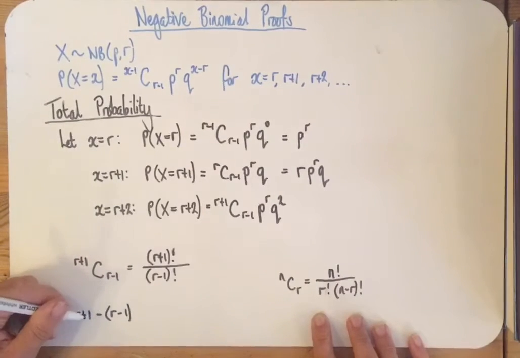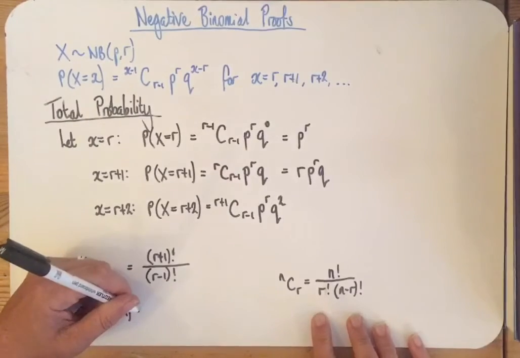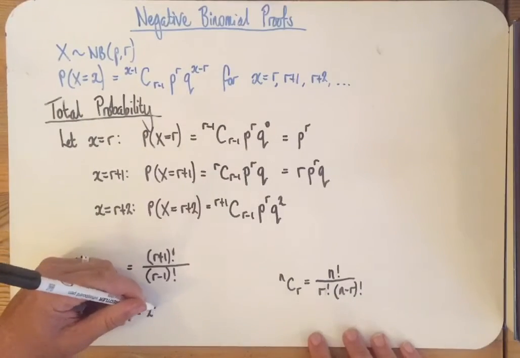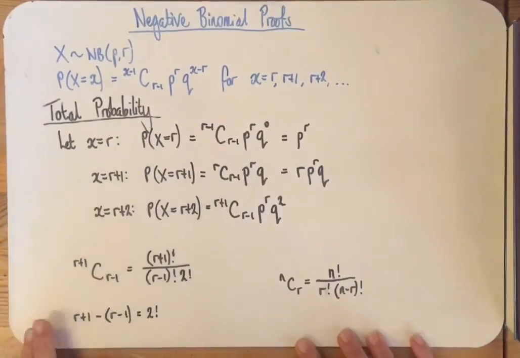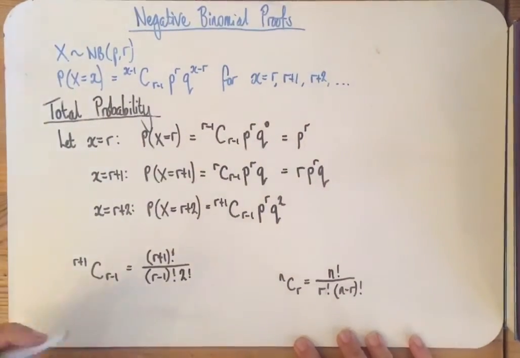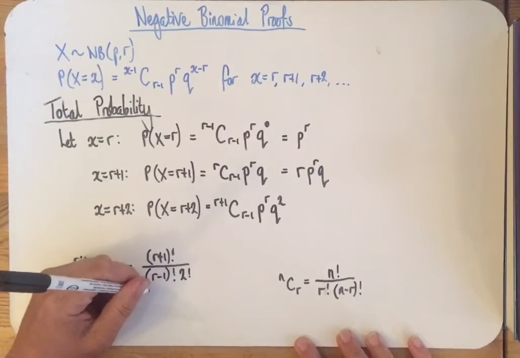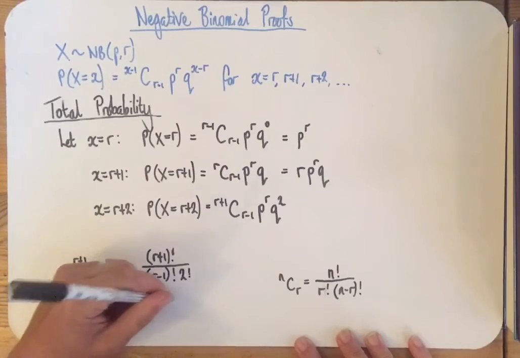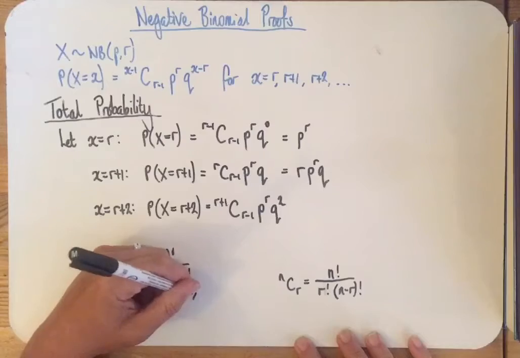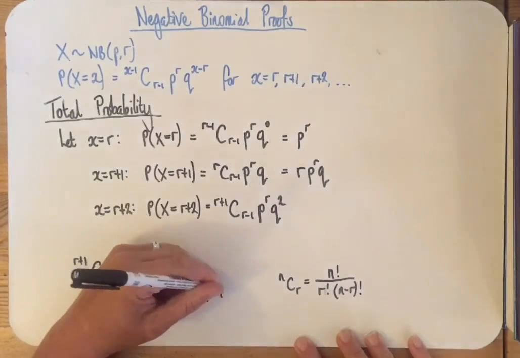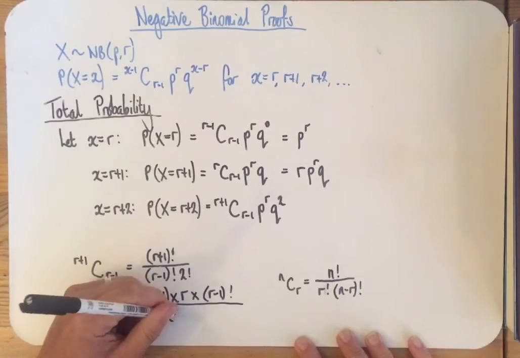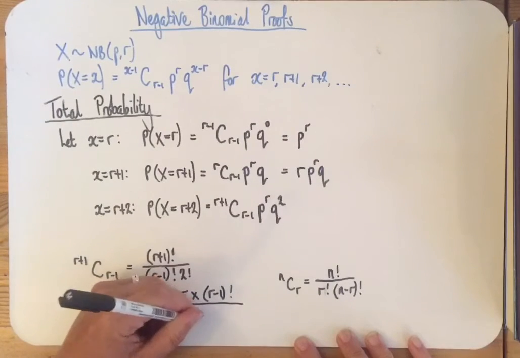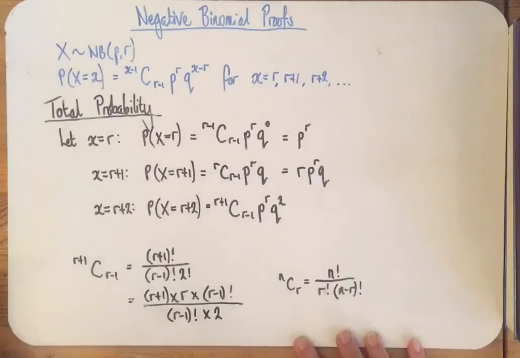R minus r is 0, 1 plus 1 is 2, and so that gives me 2 factorial. And then the top of this fraction here is equal to r plus 1 times r minus 1 factorial, and underneath I have r minus 1 factorial times 2.